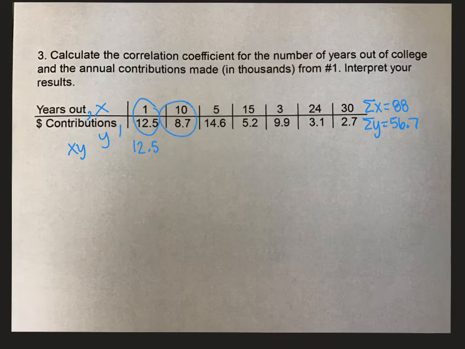So 1 times 12.5, 10 times 8.7, 5 times 14.6, 15 times 5.2, 3 times 9.9, 24 times 3.1, 30 times 2.7, and then we're going to add all of those together, which is going to give us 435.6.